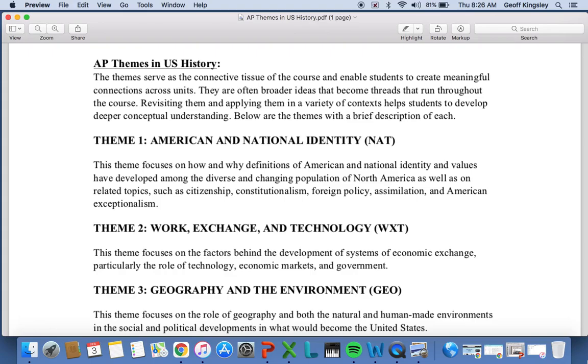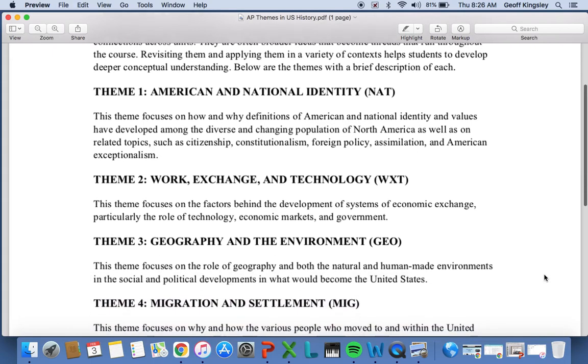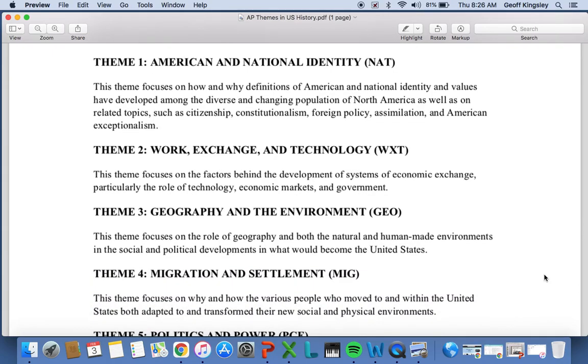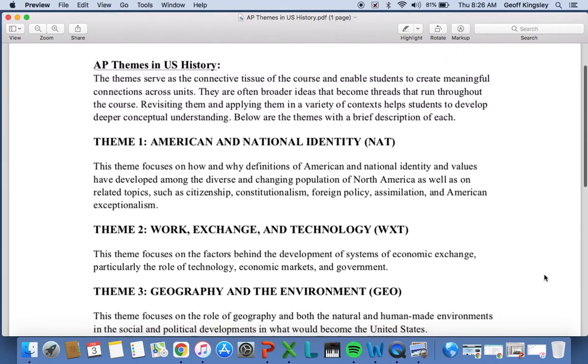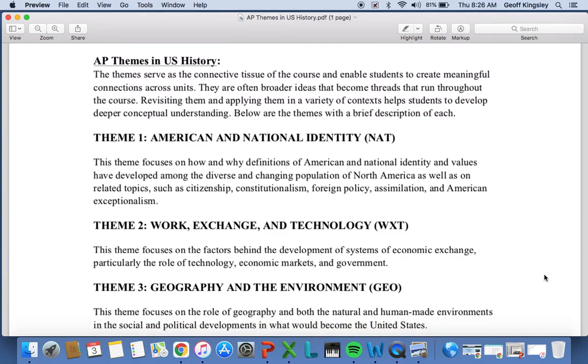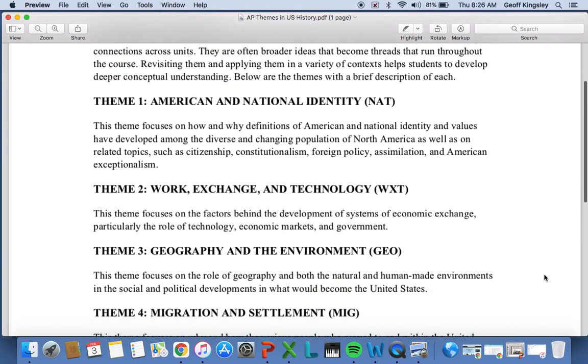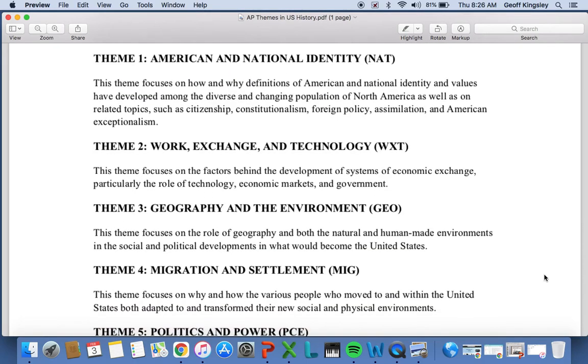I haven't come back to these themes, but as you head toward May, it is very important that you review these, especially as we start to do some prep work for extended response essay questions that are DBQs using multiple documents.